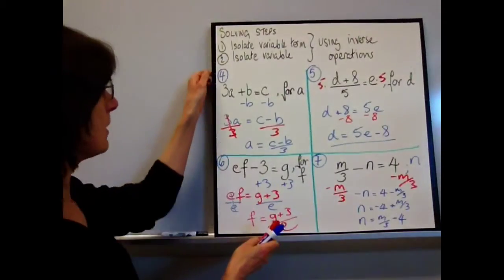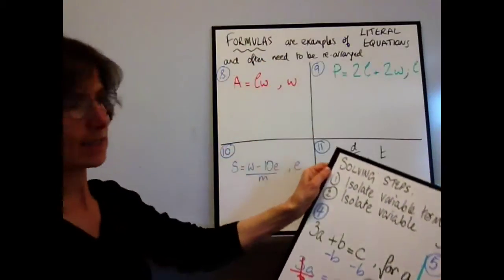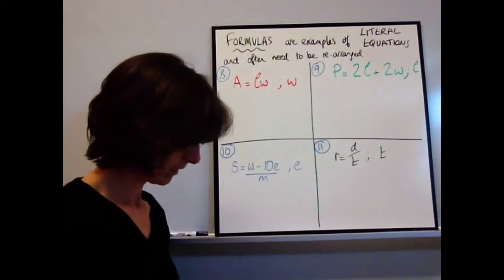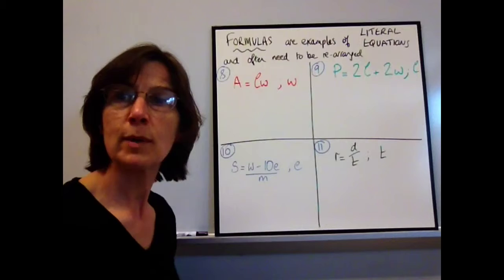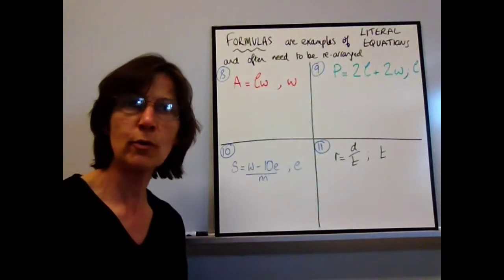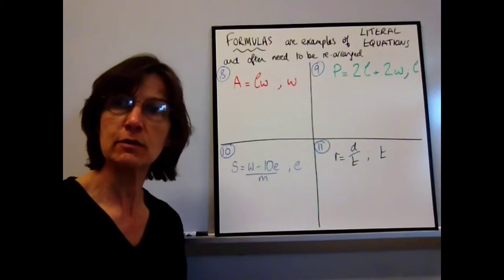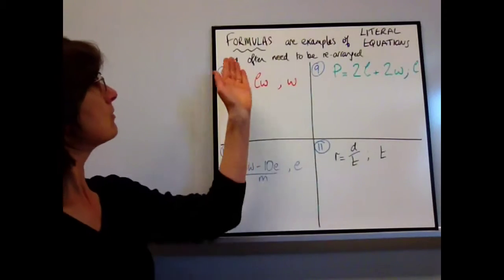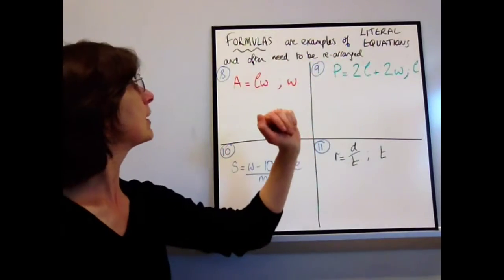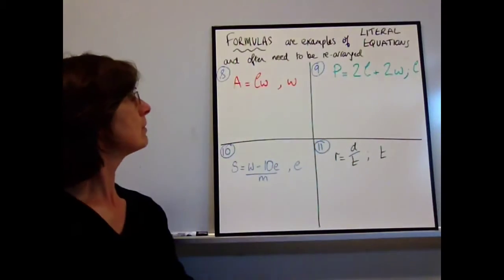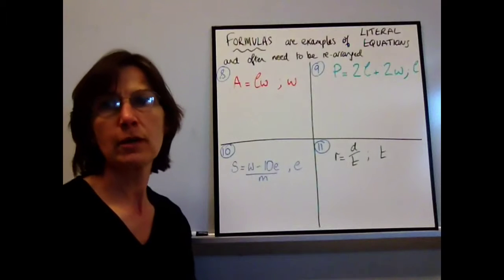So these are examples of just regular equations that we might stumble across as we're solving various things. But I'll tell you what you will often see this used for: formulas. If you think of circumference formulas, area formulas, perimeter formulas, density formulas, all sorts of formulas, there are many variables involved. So formulas are examples of literal equations, and they will often need to be rearranged. For example, here we've got the area formula for a rectangle.